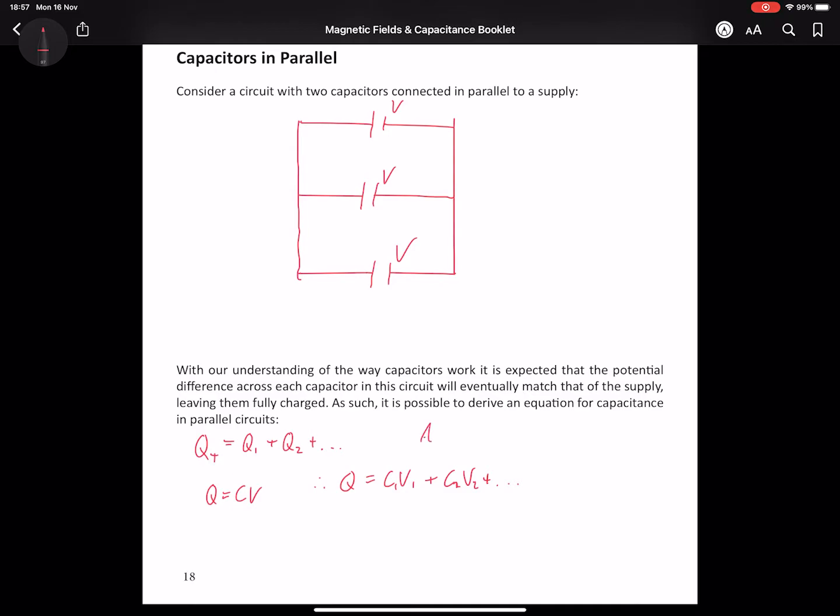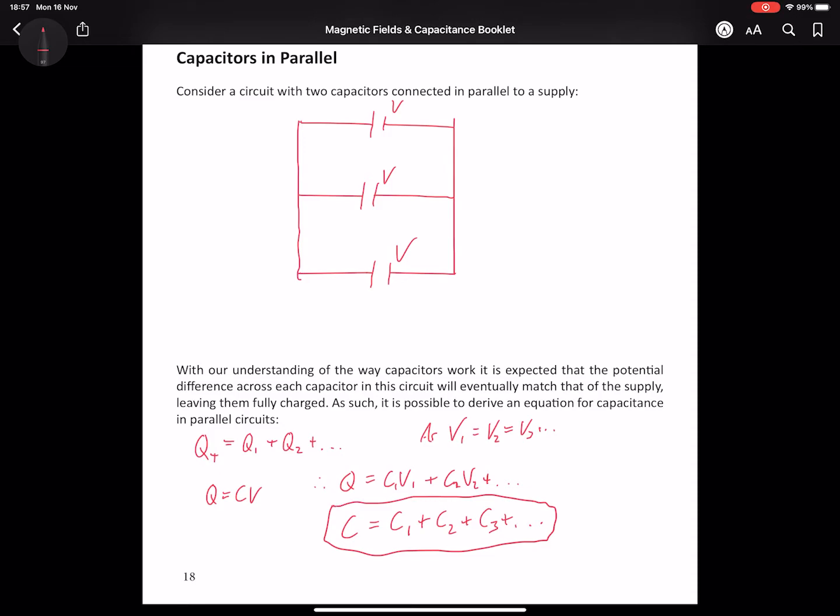Now, this allows us a simple trick because we know that V, the potential difference, is the same in V1, V2, V3, etc. So we can get rid of them. And this simplifies the equation to tell us that the capacitance is simply a sum of the capacitance of each capacitor placed in parallel.